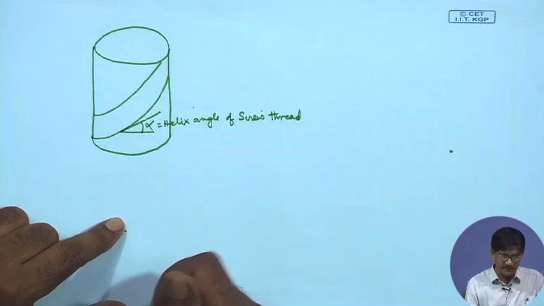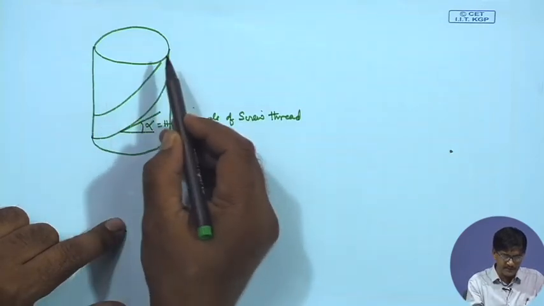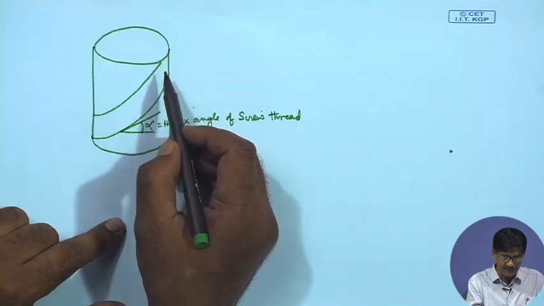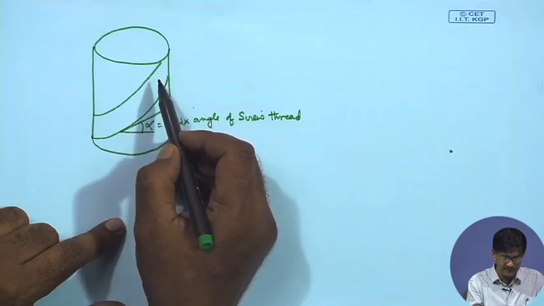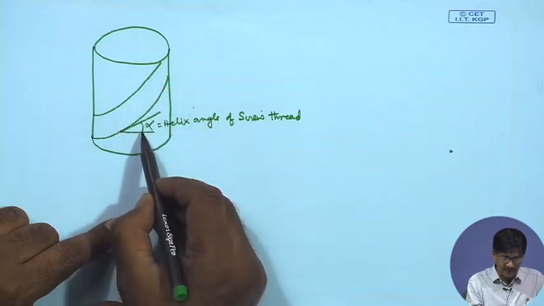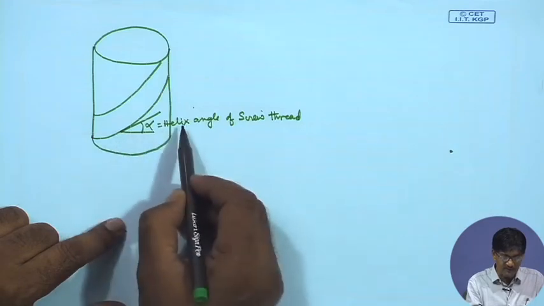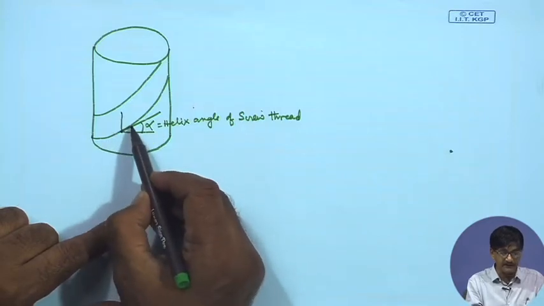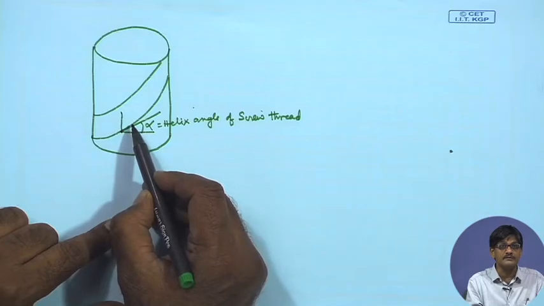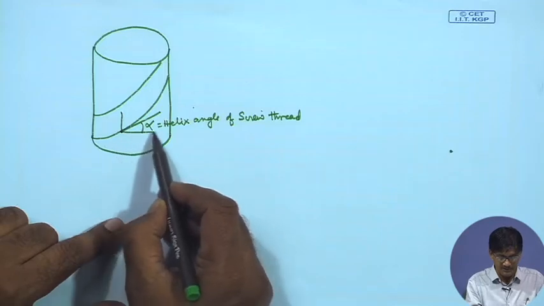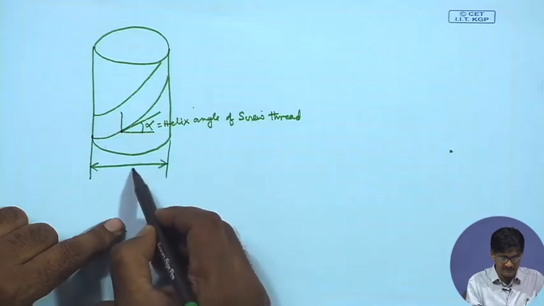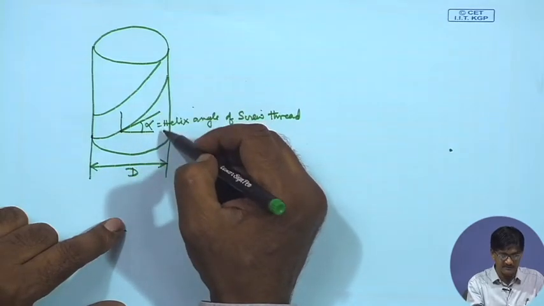And naturally, if it is rising up by P, in that case, if it is a single start thread, alpha is equal to tan inverse of P by pi d, and therefore, if we take the other angle for helical gears, alpha will be equal to tan inverse pi d by P. This diameter we are taking as d. This one is P.